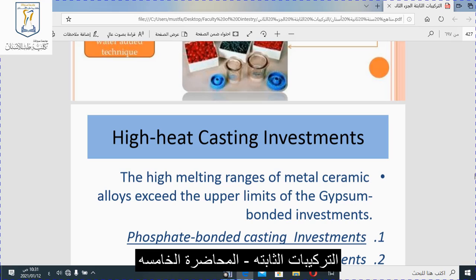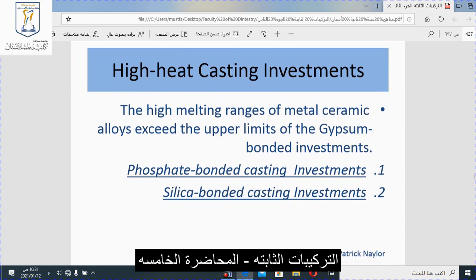As we told you, the gypsum bonded investment withstands temperatures up to 1200 degrees. After that, it will disintegrate and break. So, because of this high melting range, we have to use a high heat casting investment.